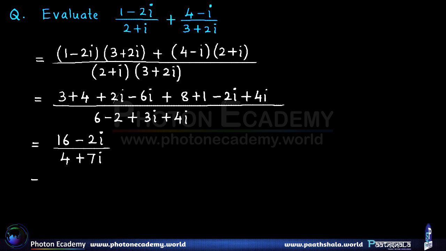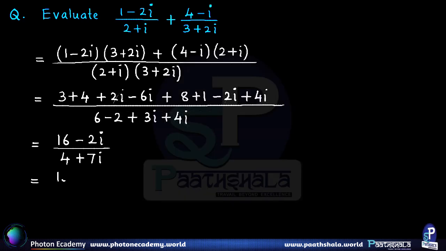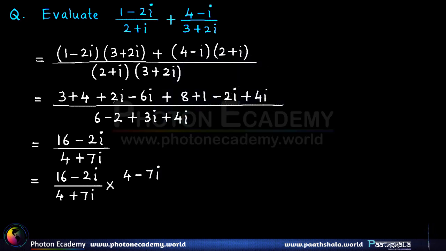Now we know that we have to make the denominator completely real, so that we can separate the real and imaginary parts of the final answer. So for that we multiply and divide by the conjugate of the denominator, which is nothing but 4 minus 7i.